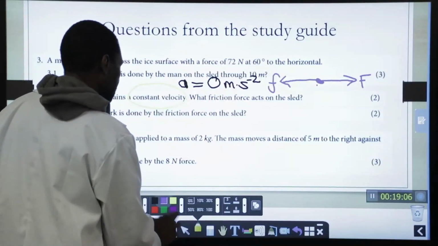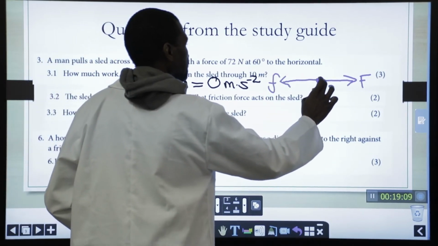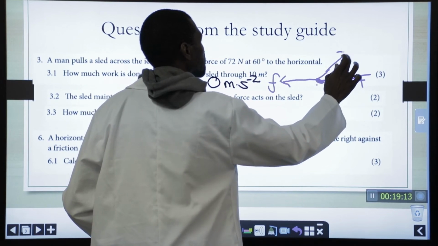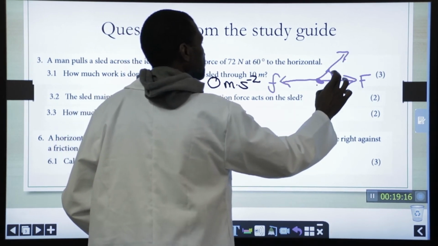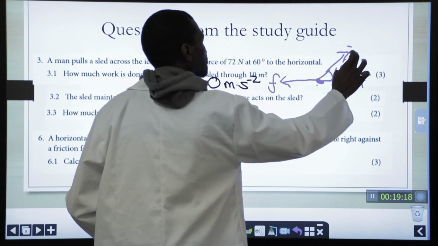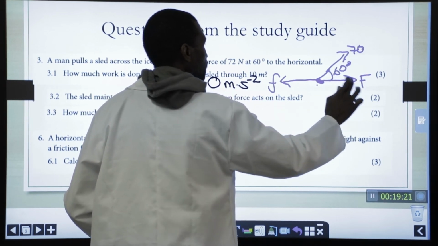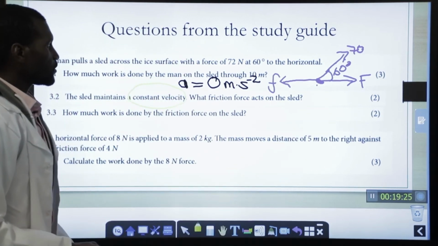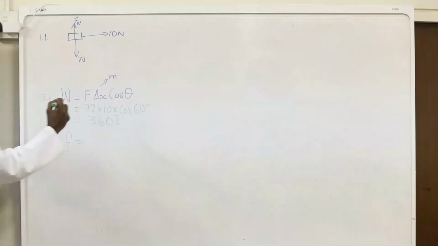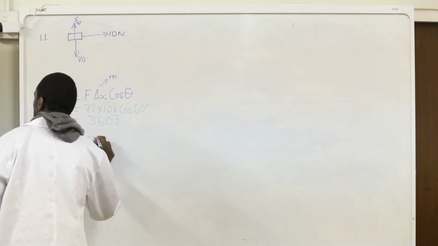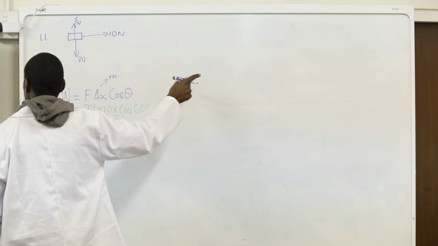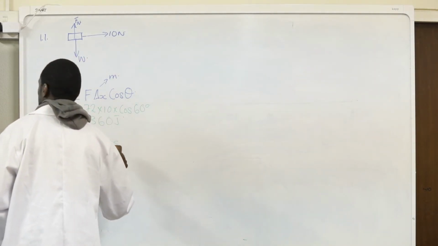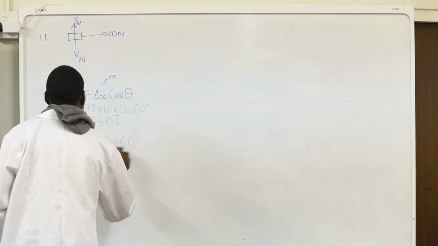that the sled is pulled with, at an angle of 60 degrees, 70. If we are going to resolve it on the horizontal, it will be 70 cos of 60 degrees.